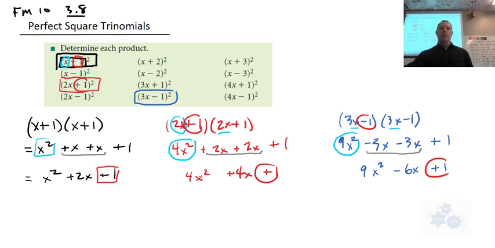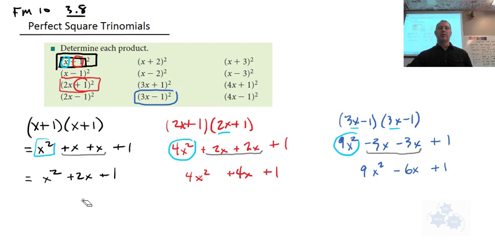And I guess this whole section is asking you to take a look at what these trinomials look like right here, and recognize that they actually come from a binomial times itself. And that's what a perfect square trinomial is. It's a trinomial where the factors are identical.